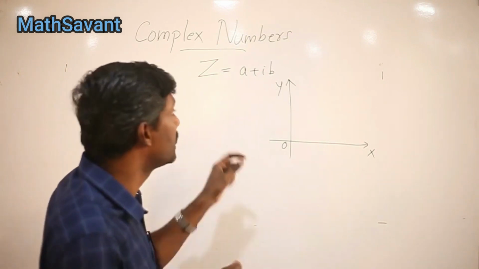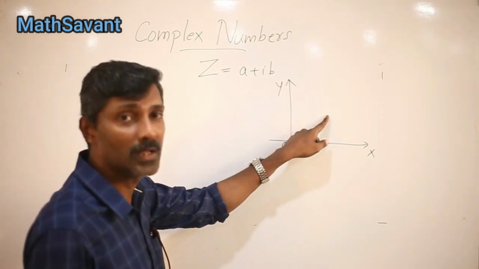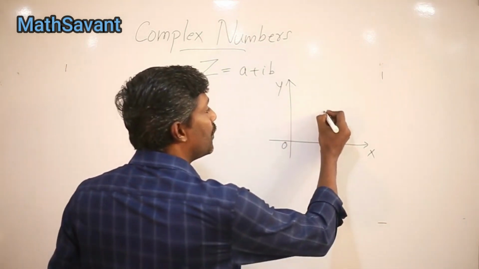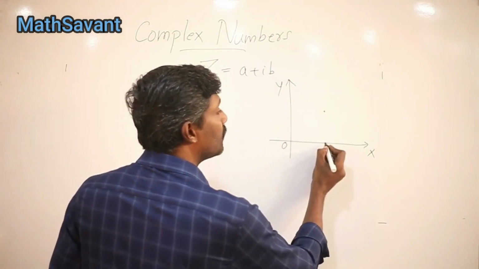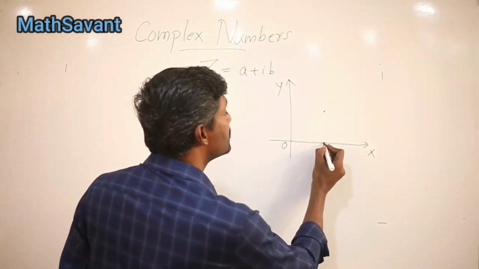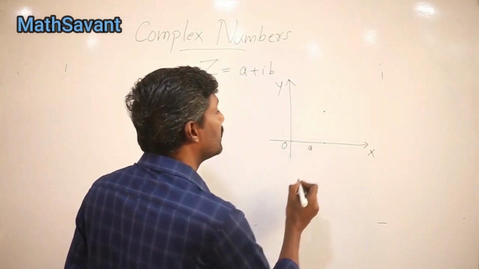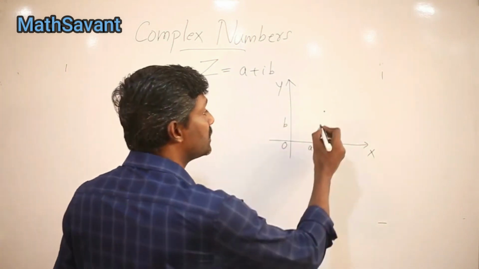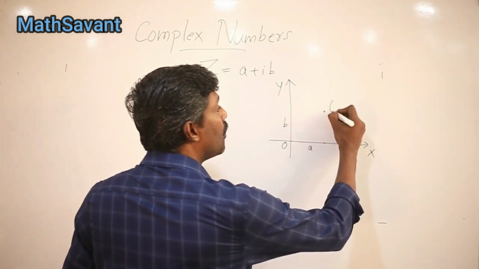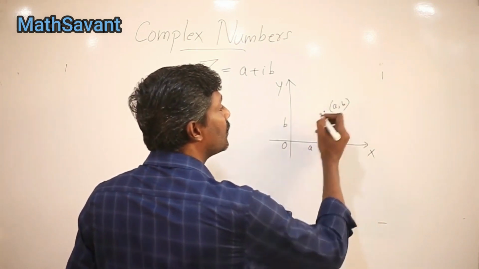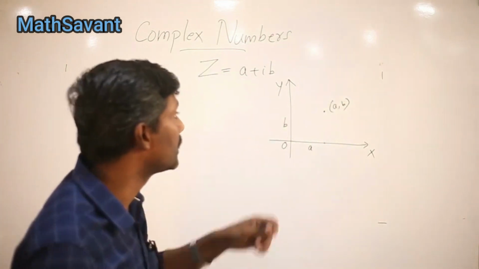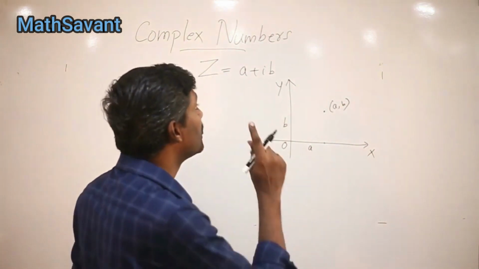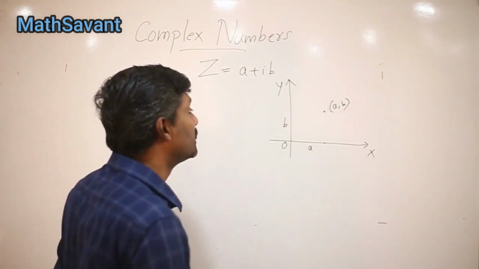The coordinates A, B on the xy plane represent the complex number. Along the x-axis we travel A distance and along the y-axis we travel B distance, right? So this point, the coordinate A, B on the complex plane, represents the complex number A plus IB.